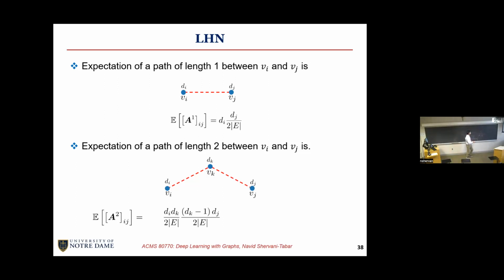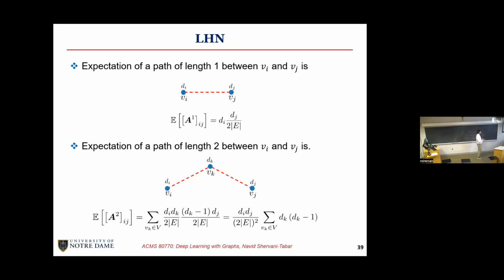So we found the expected number of edges from Vi to Vj, where the intermediate point was Vk. We know which two ends we are talking about, but the intermediate point can be any node, any node Vk. So we need to sum this over all the nodes Vk in our graph, any paths of length 2 from Vi to any node, and then from that node to Vj.